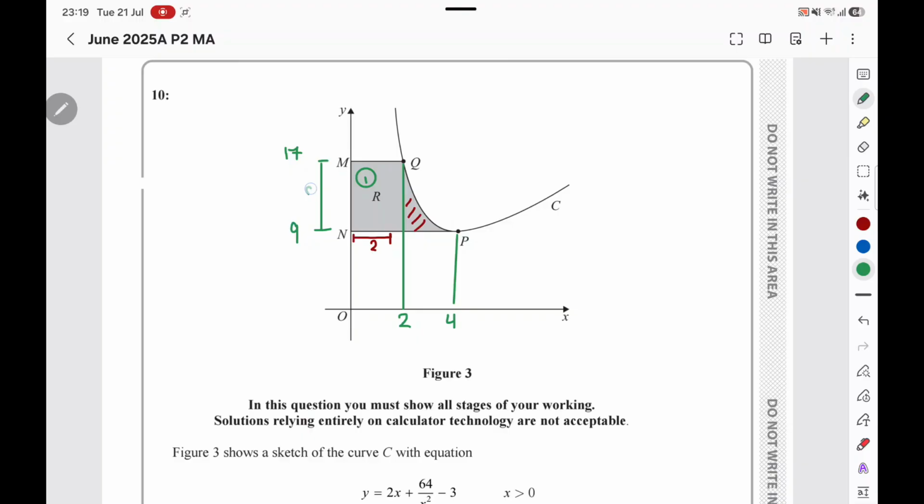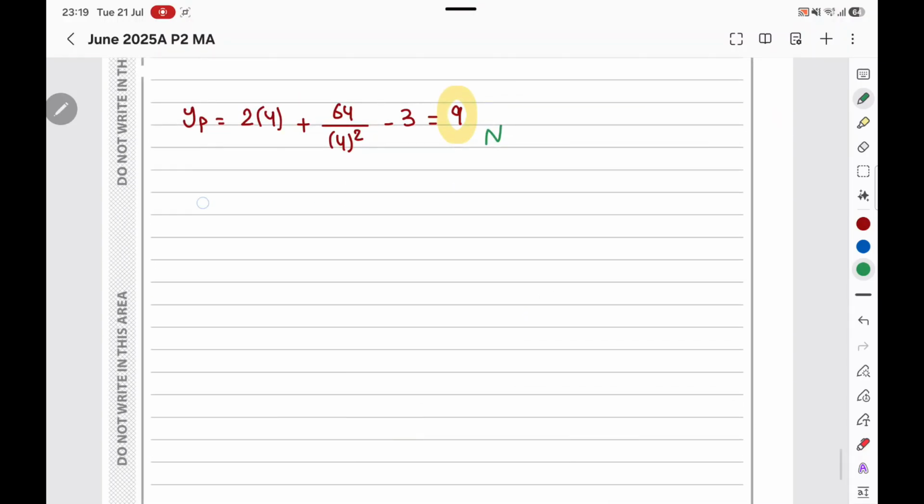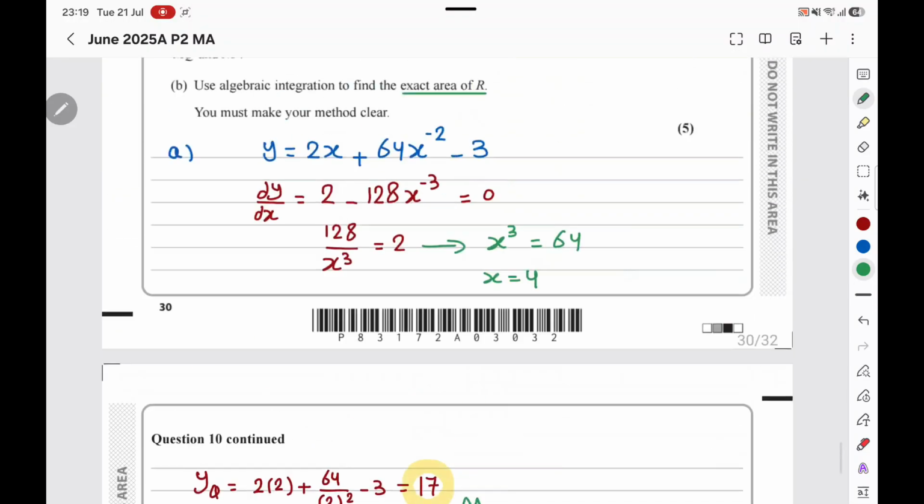So area 1 equals 2 times 8, which is 16.